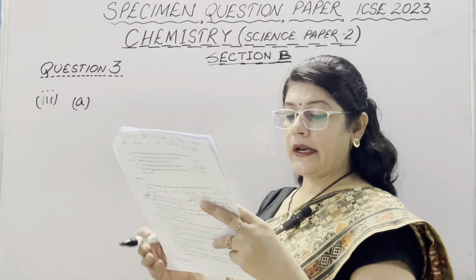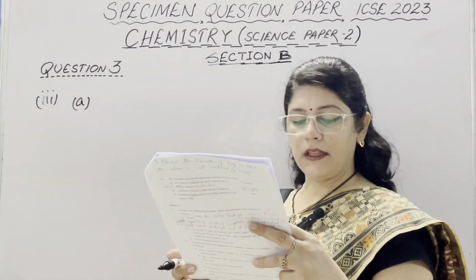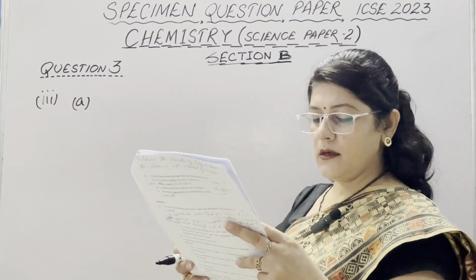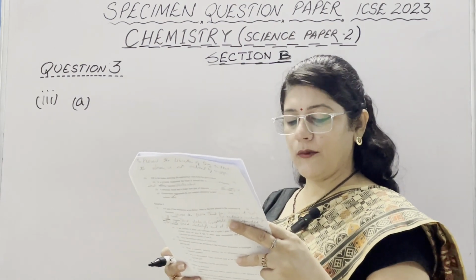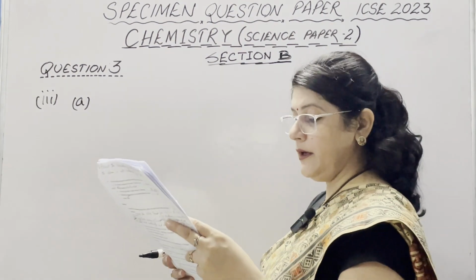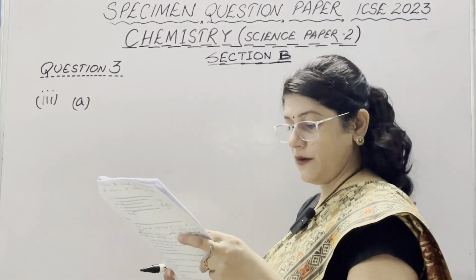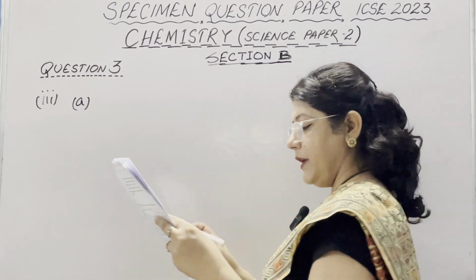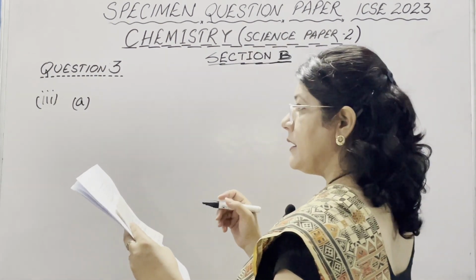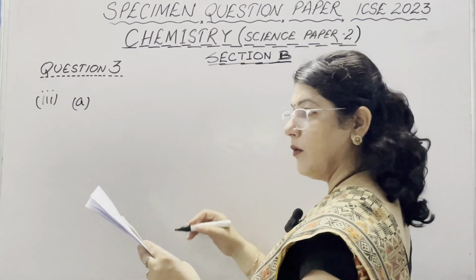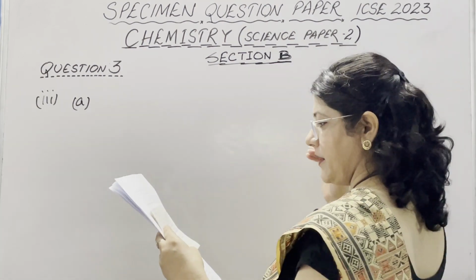In part number 3, arrange the following as per the instruction given in the bracket. In A part, sodium, potassium, chlorine, silicon and sulfur are given. Increasing order of electronegativity, we have to arrange them. We know that electronegativity decreases down the group and increases across the period.